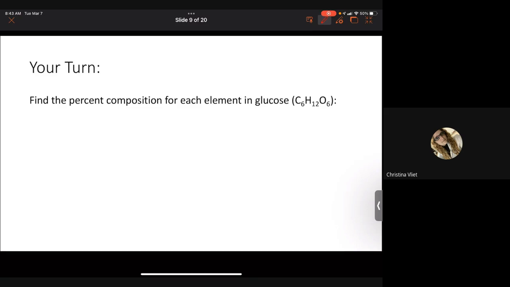Then you'll need to show me your answer on paper. So this tends to be one of the lessons that students find to be one of the easiest, at least this part of the lesson, because it's a very straightforward, hopefully, process. The hardest part of the lesson is what's coming up after this.